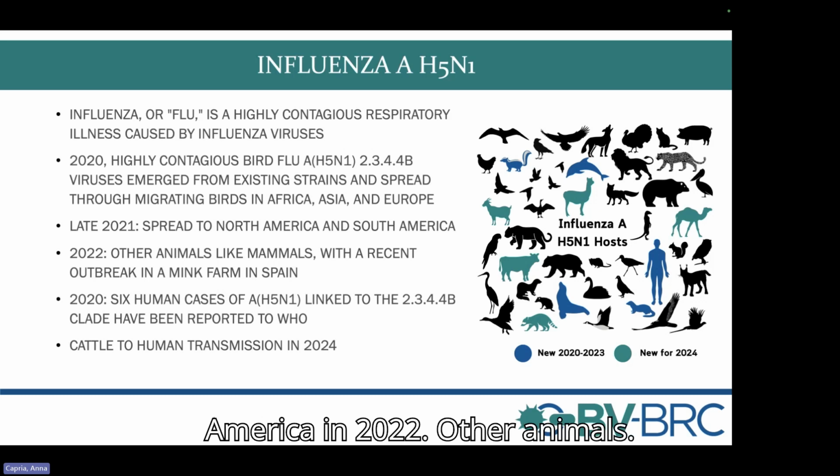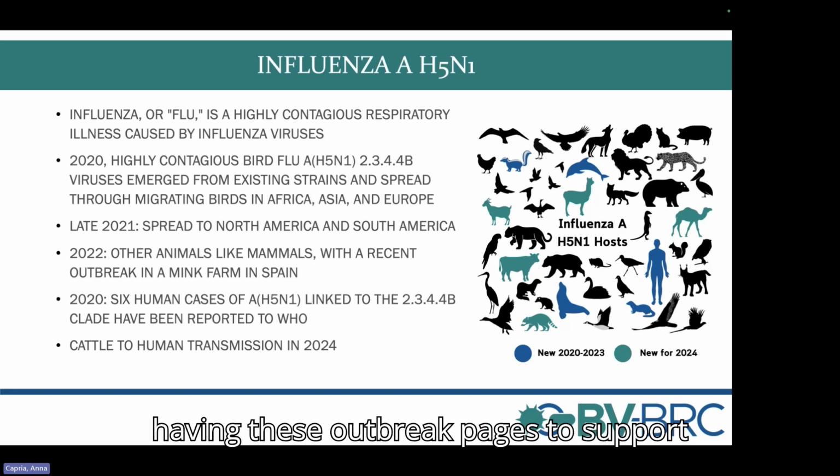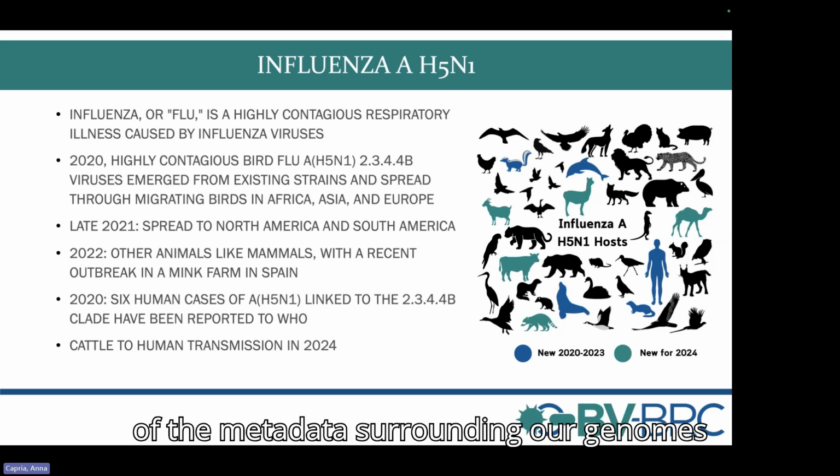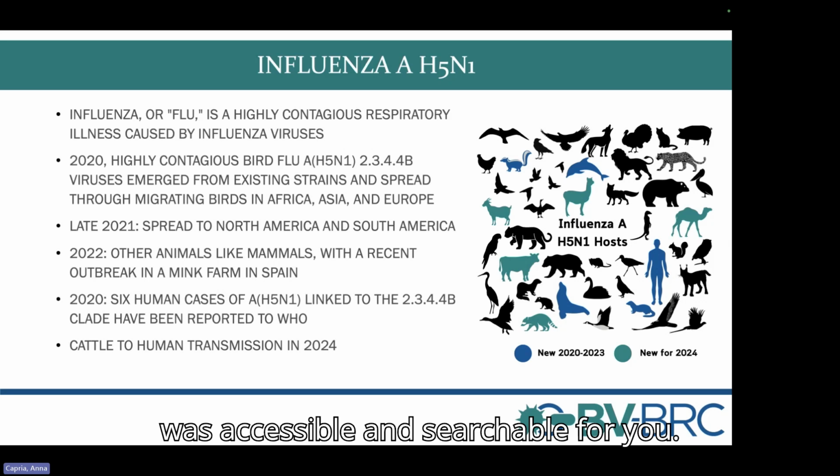In 2022, other animals like mammals began showing this strain, and in 2024, we've seen it in cattle and cattle to human transmission. So that's when we began having these outbreak pages to support the understanding and making sure all of the metadata surrounding our H5N1 genomes was accessible and searchable for you.